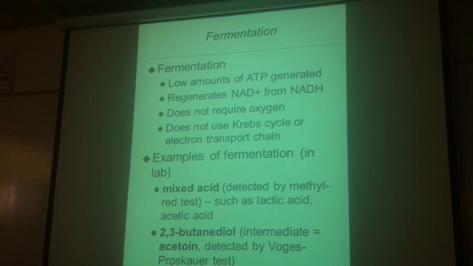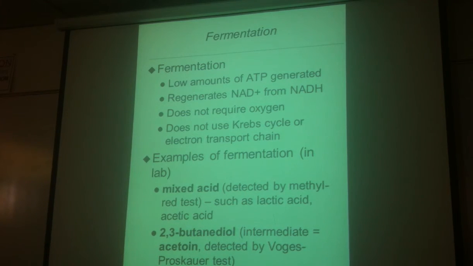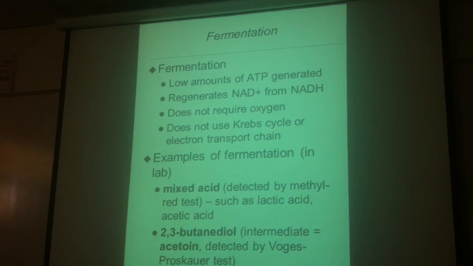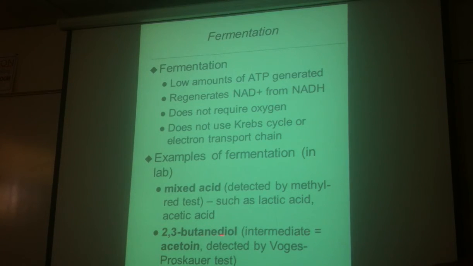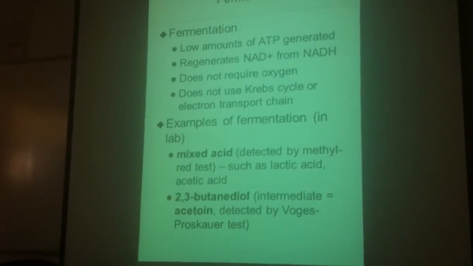Okay? So I'm running through this with you right now because you're actually gonna be doing tests in lab where you're gonna be working with lactose, right? So lactic acid is one of the obvious products for that. There's another type of fermentation which is less commonly known, but still important, where you get 2,3-butanediol, okay, as your product.